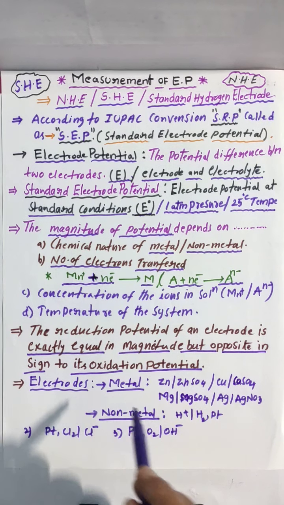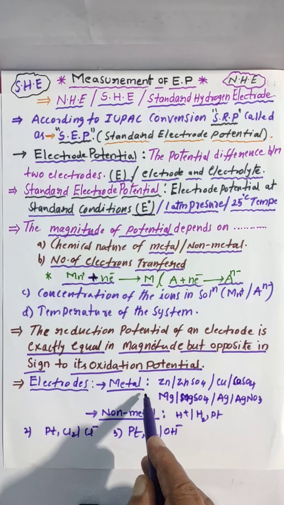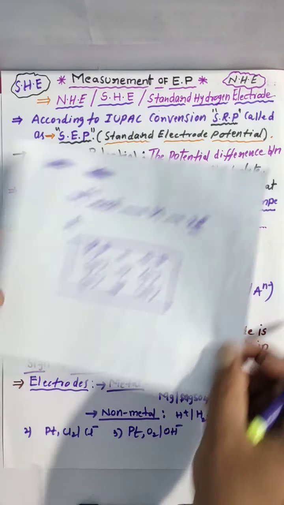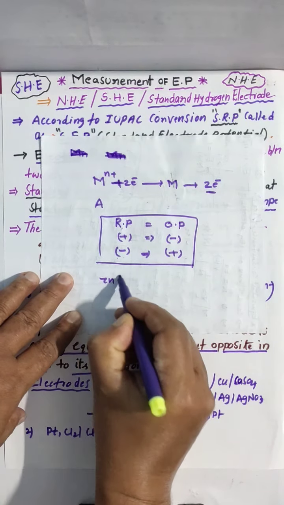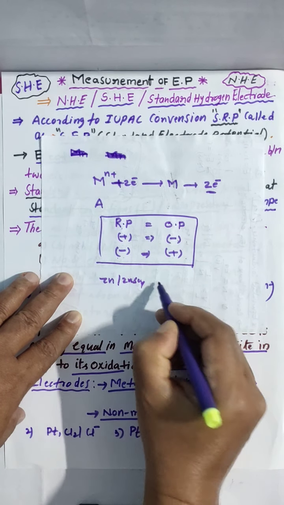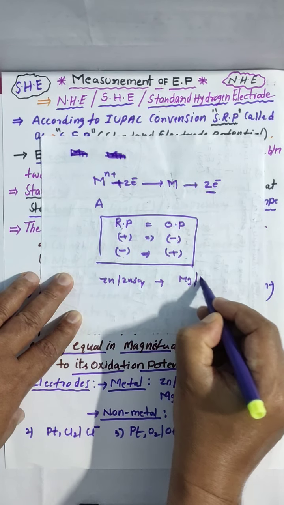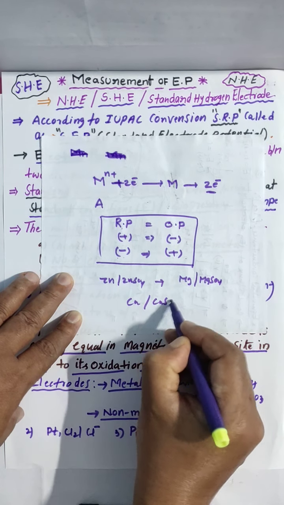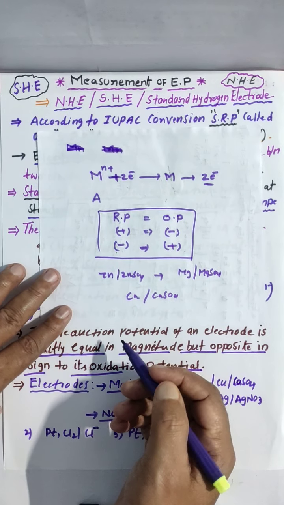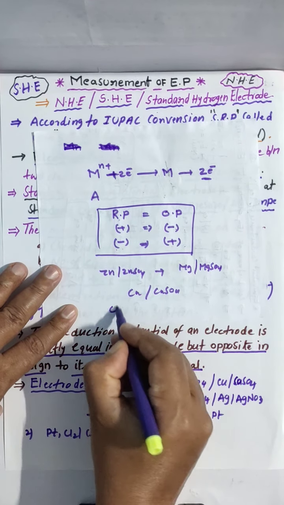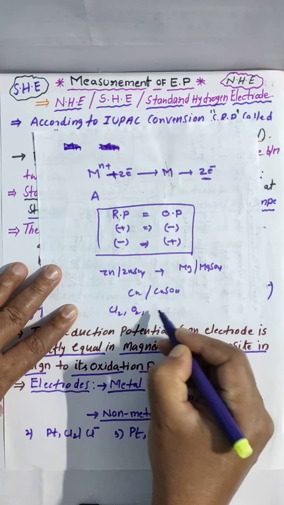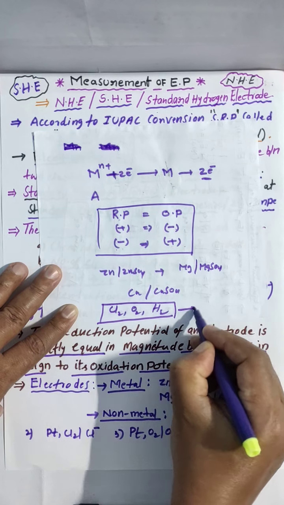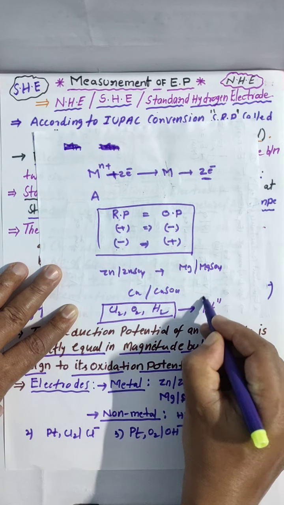Now, electrodes are of two types: metal electrodes and non-metal electrodes. Metal electrodes are generally zinc in zinc sulfate, magnesium in magnesium sulfate, copper in copper sulfate. Similarly, we have chlorine, oxygen and hydrogen as non-metallic electrodes, and here we take platinum as an inert electrode.